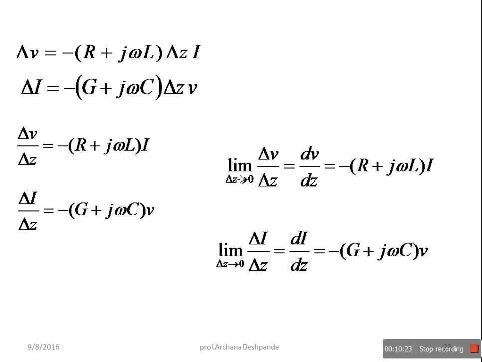So, in order that the transit time is negligible for all frequencies, I am going to take this limit wherein delta z tends to 0, and therefore I get the equation dV by dz is equal to minus (r plus j omega L) into I. Similarly, the limit of delta I by delta z as delta z tends to 0 is dI by dz, which is equal to minus (g plus j omega C) into V.